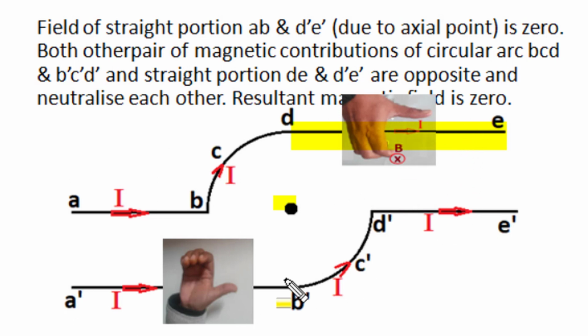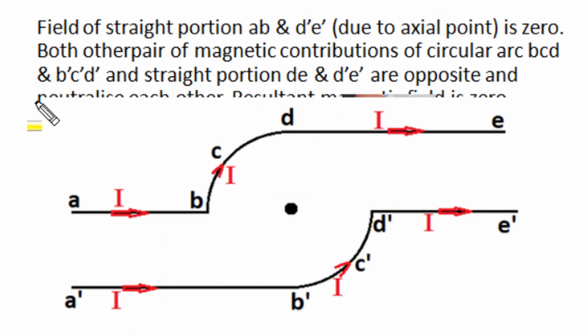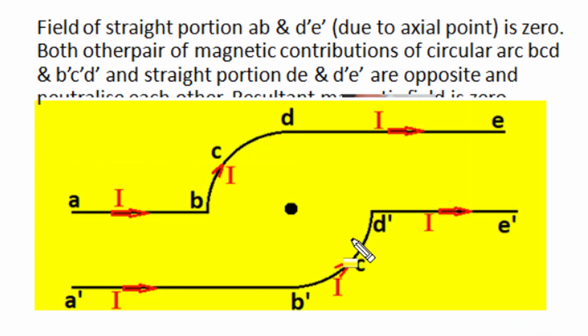And magnetic field of A dash, B dash infinite length endpoint, r distance, same current I, produces the same amount of magnetic field, but tip of curled finger indicates that it is vertically upward towards us. So two magnetic fields of straight length also cancel each other. So resultant magnetic field at center of this current configuration becomes 0.